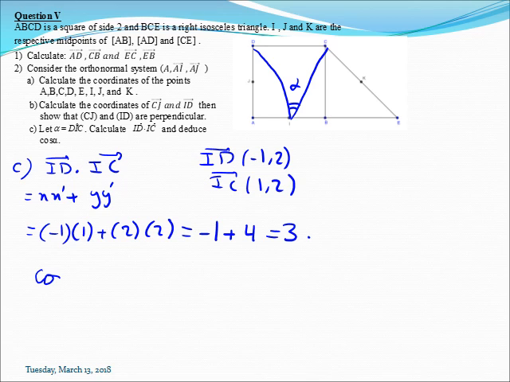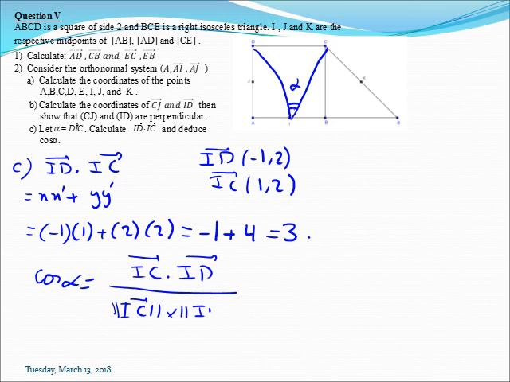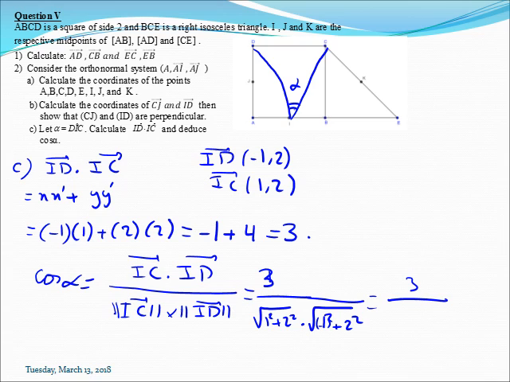Now cosine alpha, the angle between IC and ID, is IC dot ID over norm of IC times norm of ID, equal 3 over radical of 1 square plus 2 square times radical of 1 square plus 2 square, equal 3 over radical 5 times radical 5, equal 3 over 5.